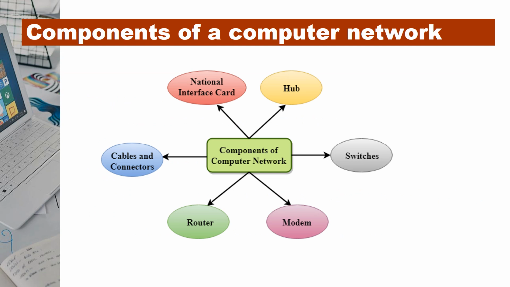So we need to move on to see the components of a computer network. And here, this is a star that I'm talking about. You can see that there is a network interface card. There is a hub. There are switches. There's a modem, a router, and then there are the cables and connectors.